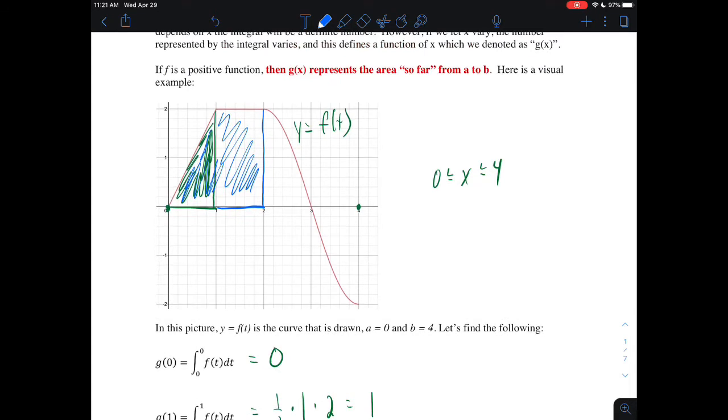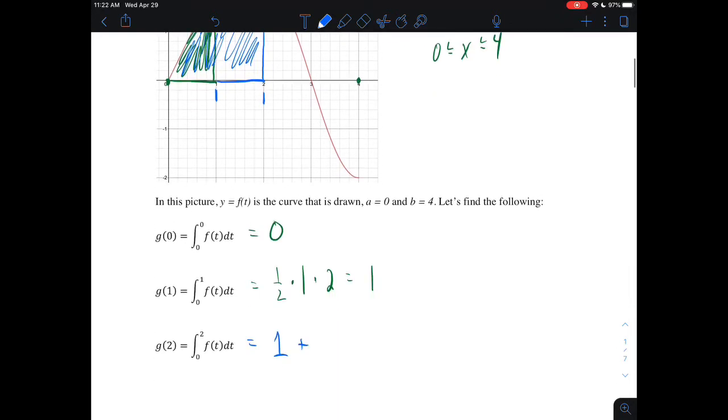This is just a rectangle with a base of 1 unit from x equals 1 to x equals 2, and a height of 2 units. So that becomes 1 times 2, and 1 plus 2 is 3. So as you can see, as the x values are changing, 0, 1, 2, so are the values of these integrals.